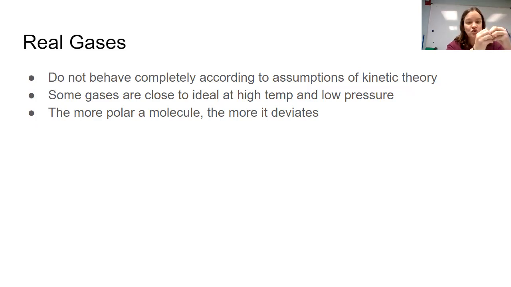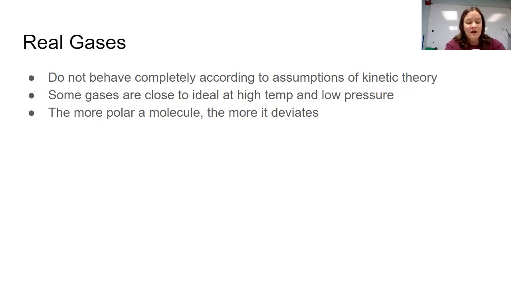Diatomic, two atoms. They would be more likely to behave closer to ideal because they're very nonpolar. Anytime you have two of the exact same element, it's going to be very nonpolar. They're going to pull equally on the electrons.